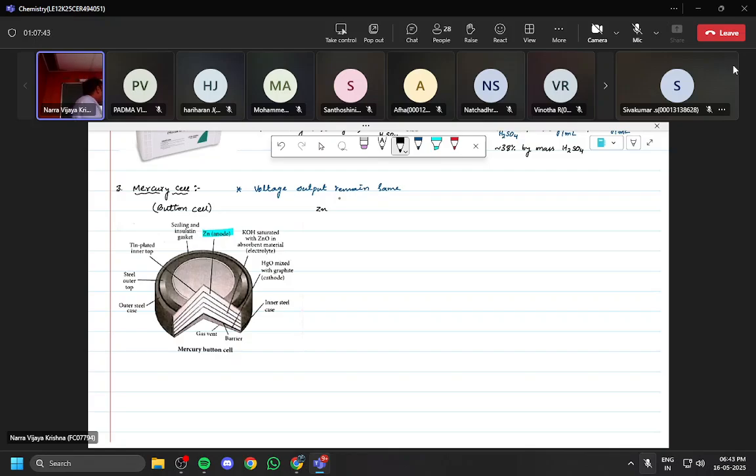Instead of MnO2, we are taking HgO mixed with graphite acting as cathode, which is completely sealed inside the steel container. So I am taking zinc amalgam, which is acting as anode. Zinc amalgam anode.